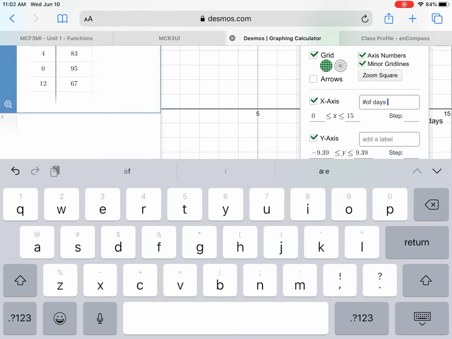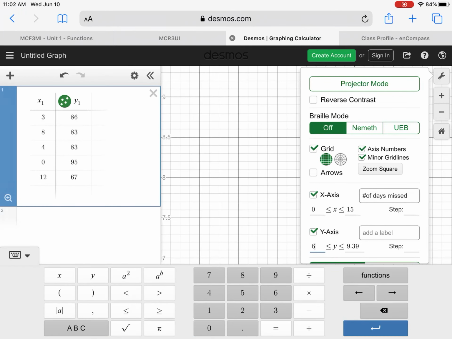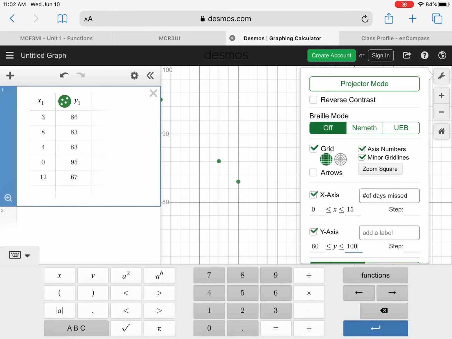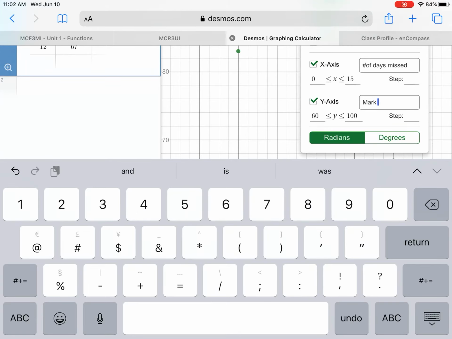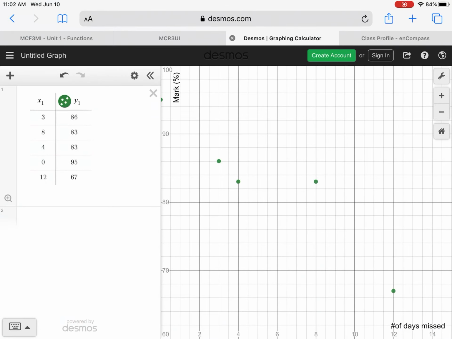Remember, we want to go a little bit above where our highest values are. We can also label our x-axis, so in this case, it's number of days missed. And our y-axis, we're again going to start at 60 to 100, and our label for this one is mark in percent.